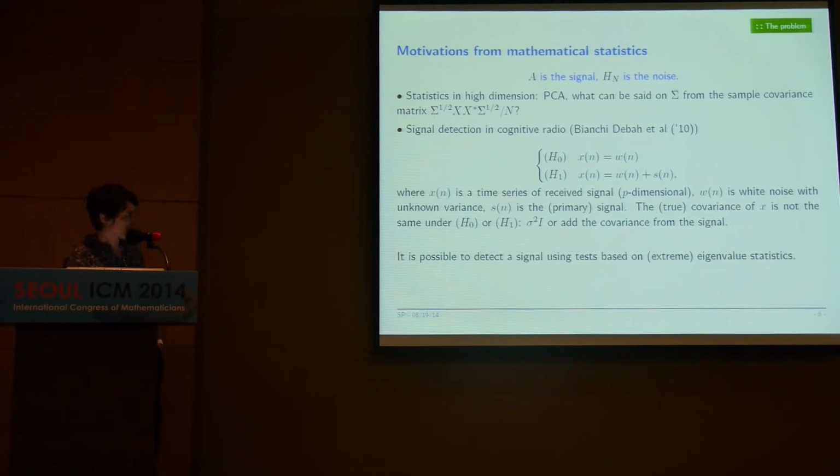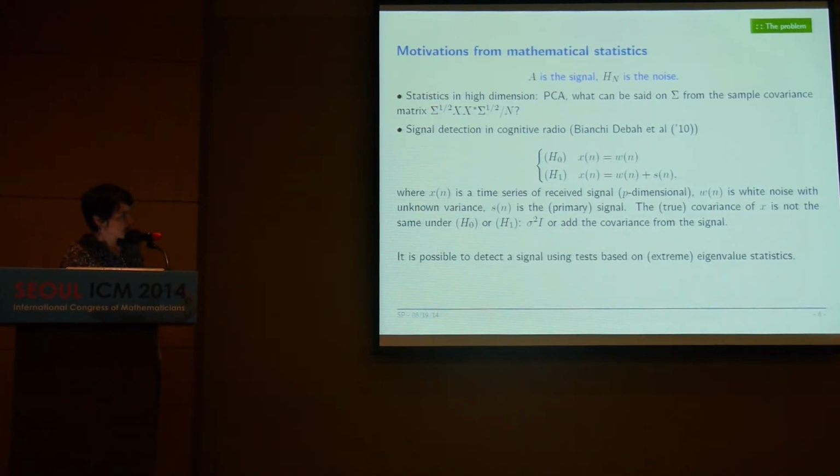So I give an example with cognitive radio. This is an intelligent radio which tests a wide range of bandwidths to use unoccupied ones for transmission. So one has to be able to detect whether the bandwidth is used by a primary signal. So we can write a model for this. x of n will be a time series of received signal which is high dimensional.